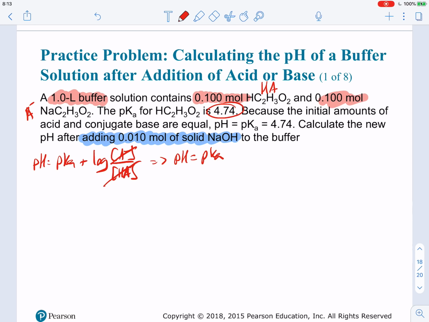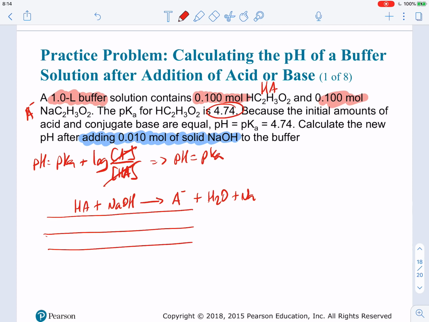So the reaction is HA plus NaOH goes to A minus plus H2O plus Na, and let's keep the Na. It's there, but it doesn't really matter for us right now. These are the main actors.